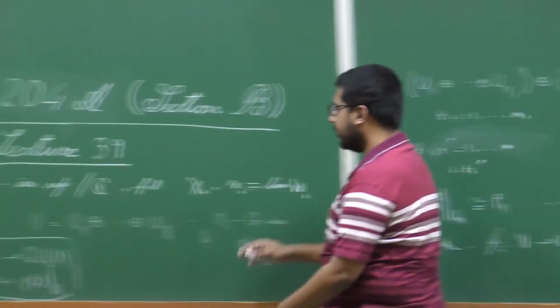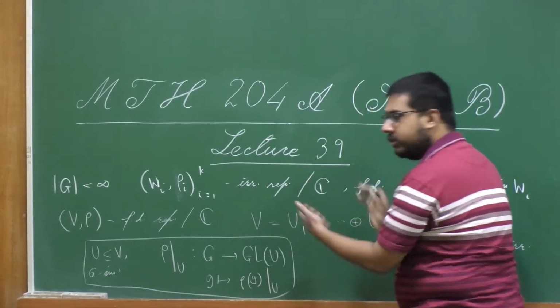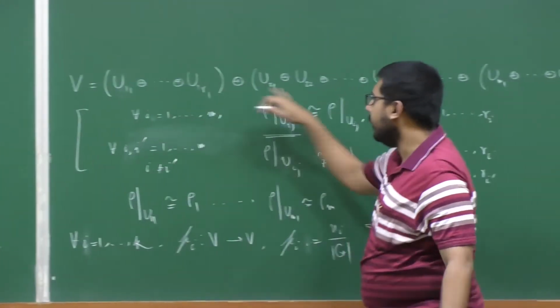Remember, just assembling these U_j's up to isomorphism, we get this.